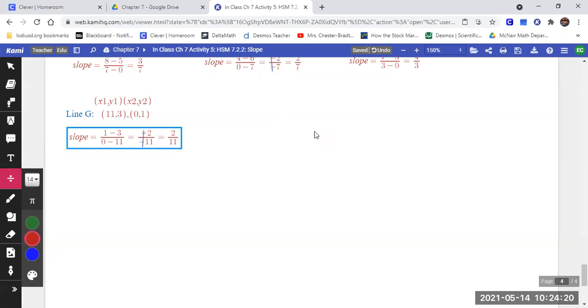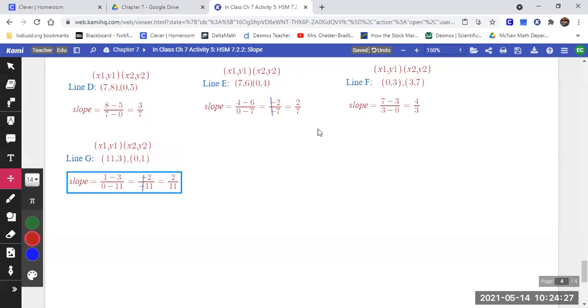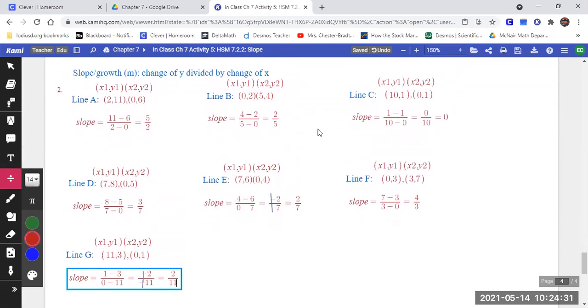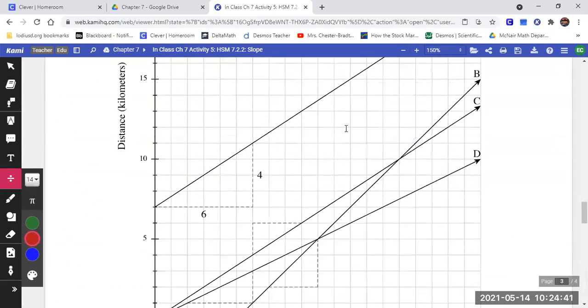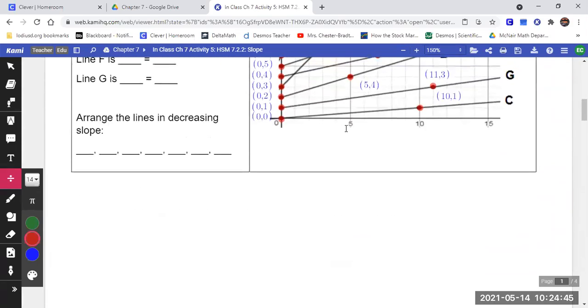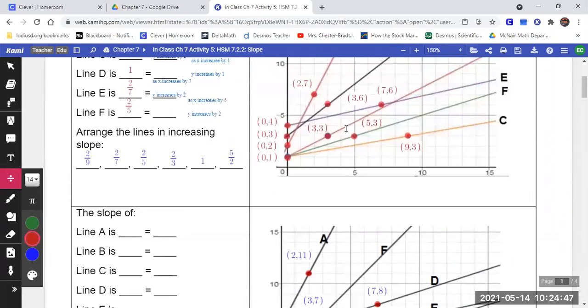Okay? So in the chat, we need to say A and what its slope is, B and what its slope was. We need to get those into the chat, please. Put A and put its slope, put B and put its slope. Once you put one in the chat, zoom back up to the top. So somebody else should be putting B in and then moving to the top, and somebody else should be putting C in and moving to the top.